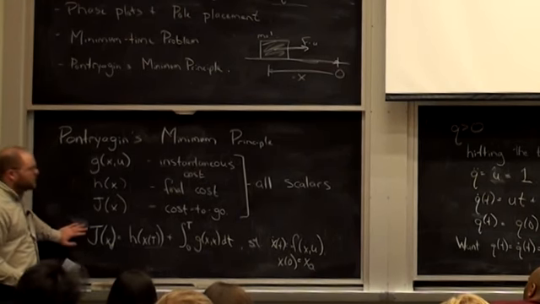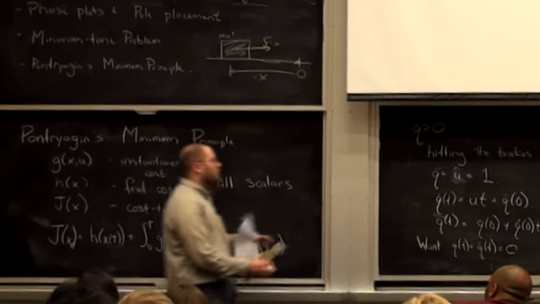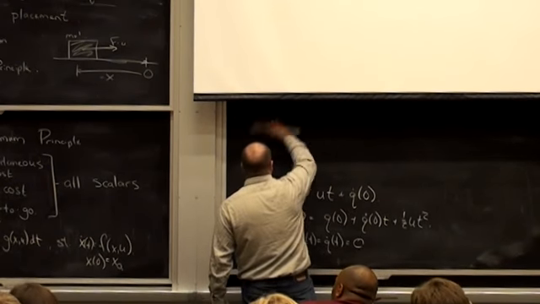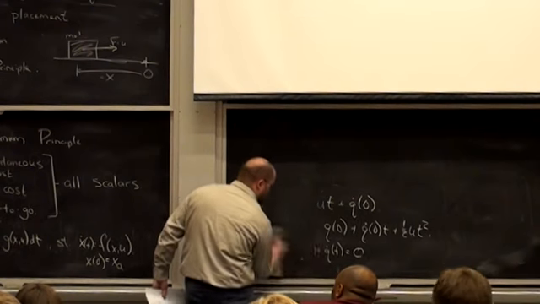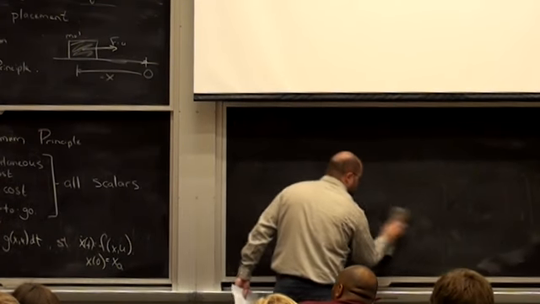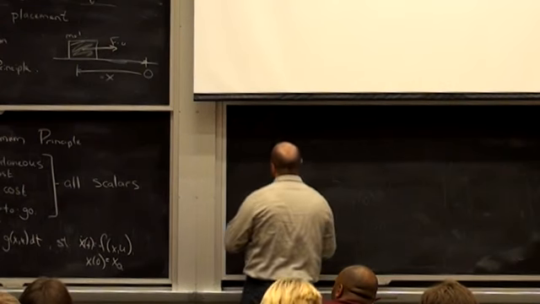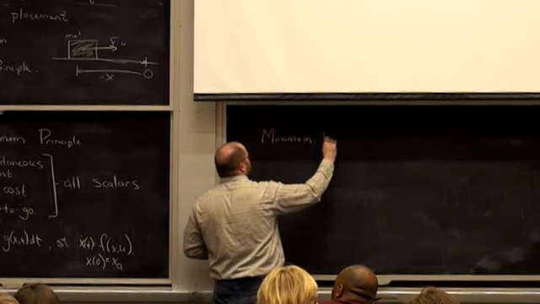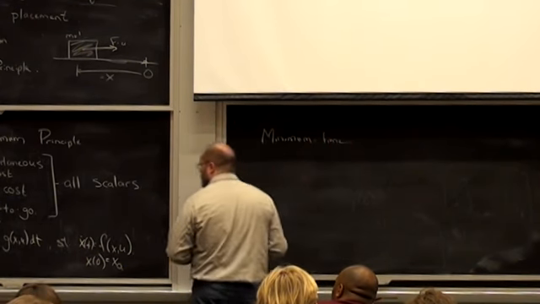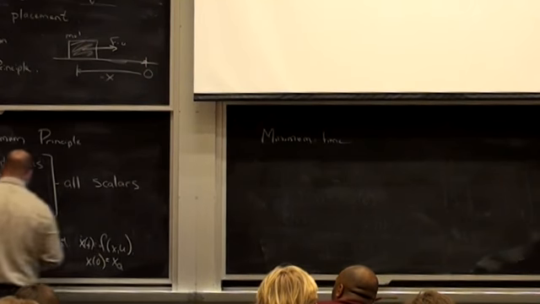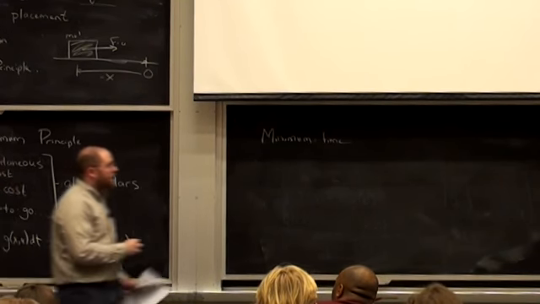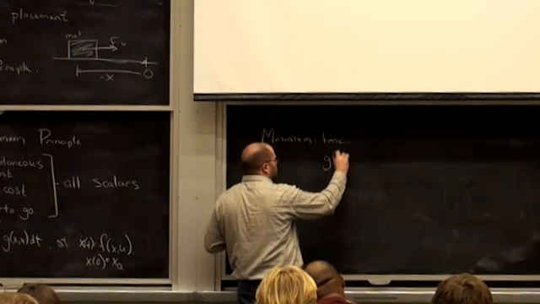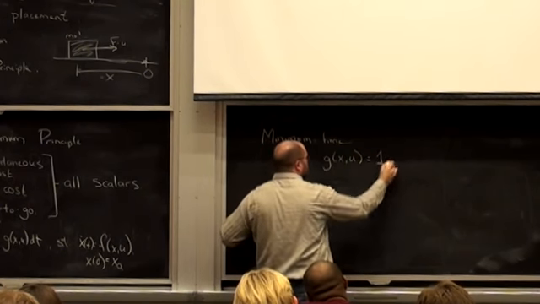Okay, so for the minimum time problem, what is that form? You can formulate it a couple different ways. In this case, I could actually have g of x, u equals 1, right?